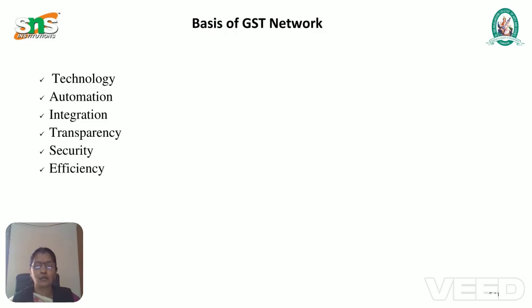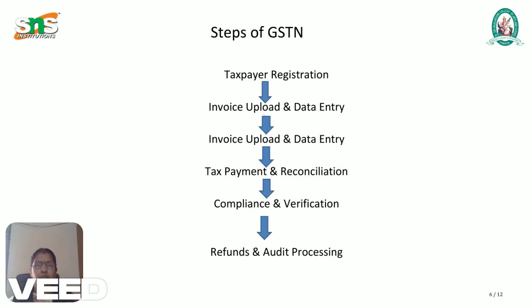Transparency is providing all the information without hiding any details, which they provide in the GST network, and settling all the returns. Then security and efficiency. These are some important bases under the GSTN.